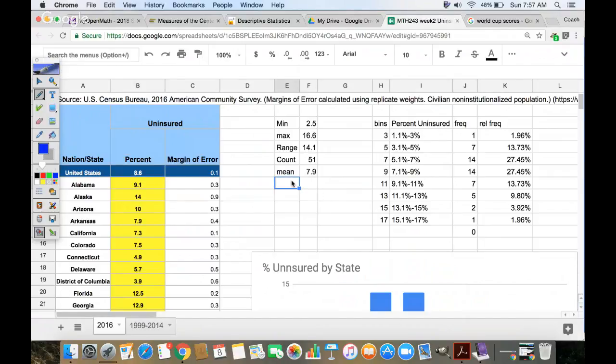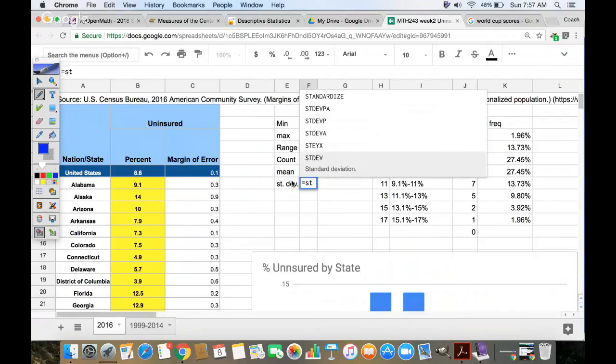So mean is there. Now standard deviation I'll talk about in just a minute, so I'll call that STDEV. And there's a whole bunch of different standard deviation calculations. On a spreadsheet, the standard one, STDEV, that's the standard deviation of a sample. Up here they have STDEVA.